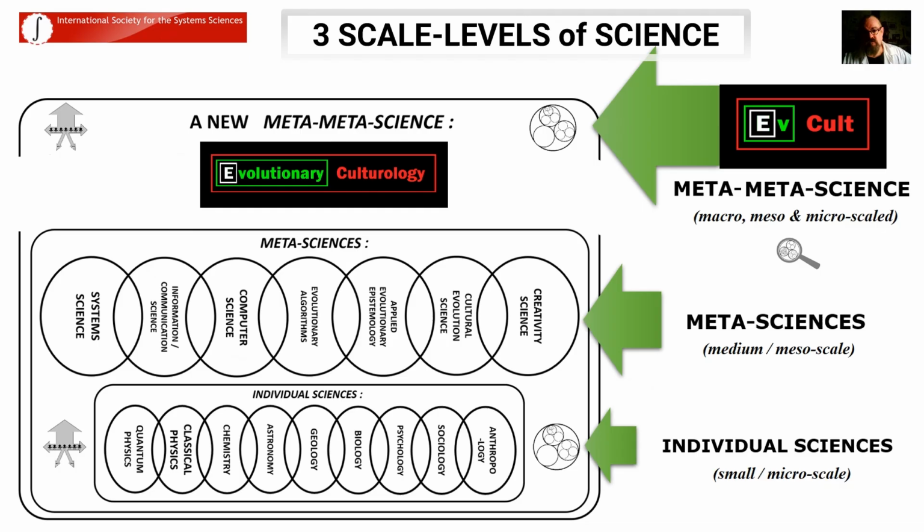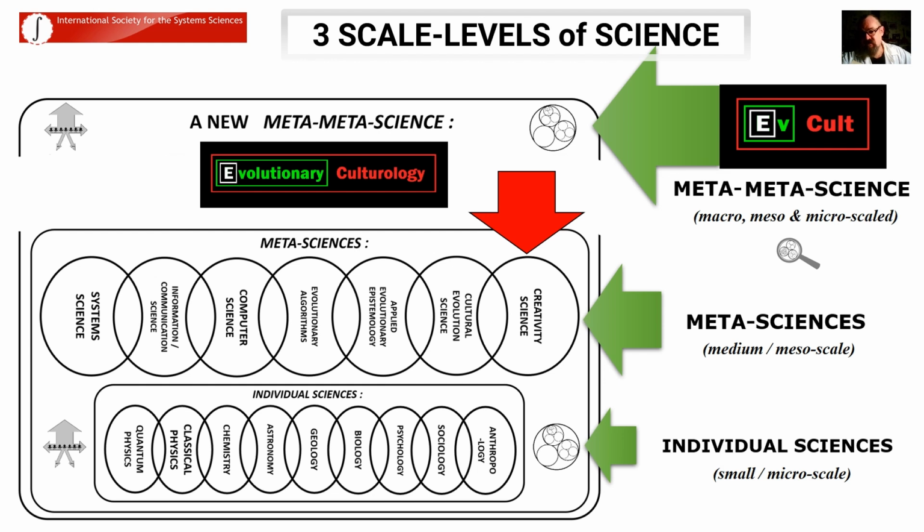Next. So again, there's your 3 scale levels of science. Not sure why that's come up again, but maybe it's important. Next. There's creativity science. Sorry, that's why, because that quote that we just heard from Csikszentmihalyi was from creativity science. So again, that's a meta science. You can look at creative units, which are namely things that are new, useful and surprising in any domain.